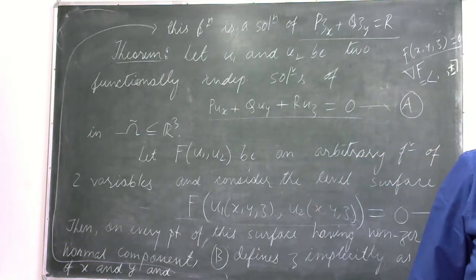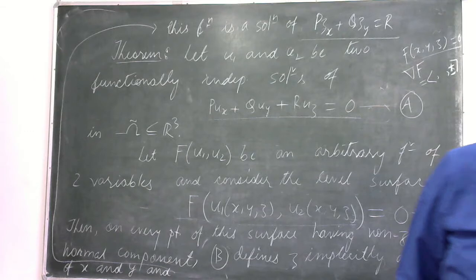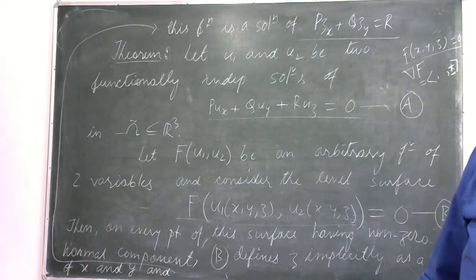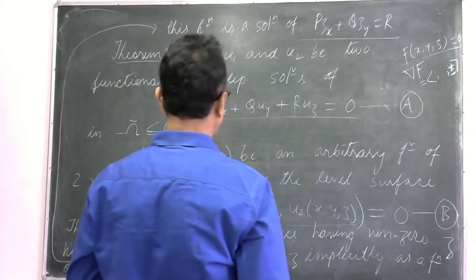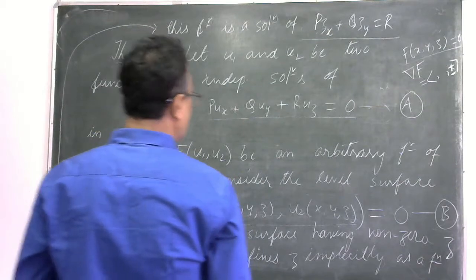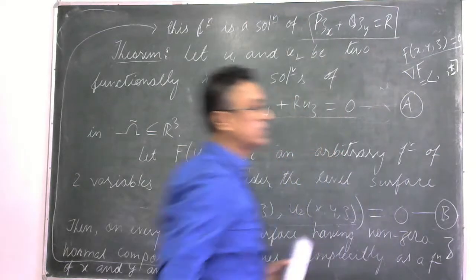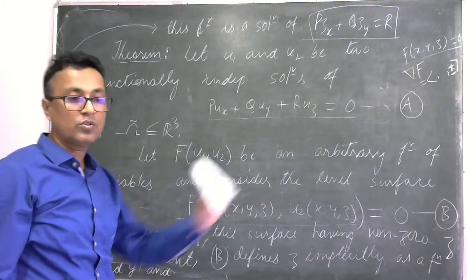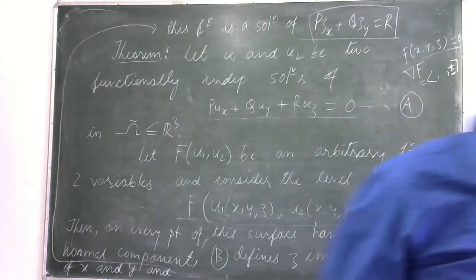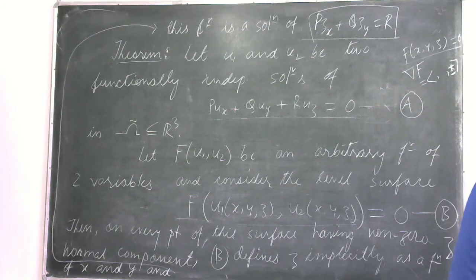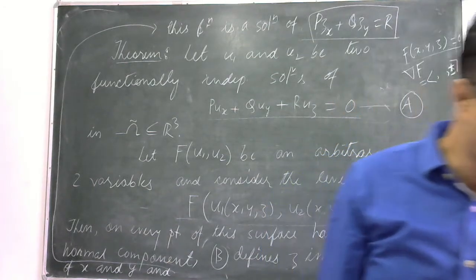Maybe I'm going to give you two examples. And remember, the expression B is called a general integral for this equation. Is it okay? Fine. So let us try to work it out. And I'll be doing one more theorem later on if time permits. Then I think you will appreciate more what we are trying to do.